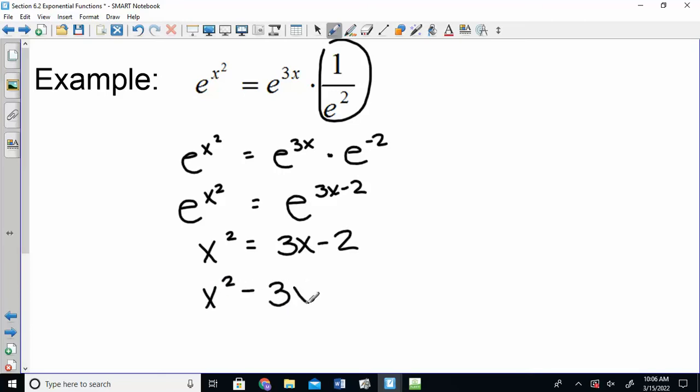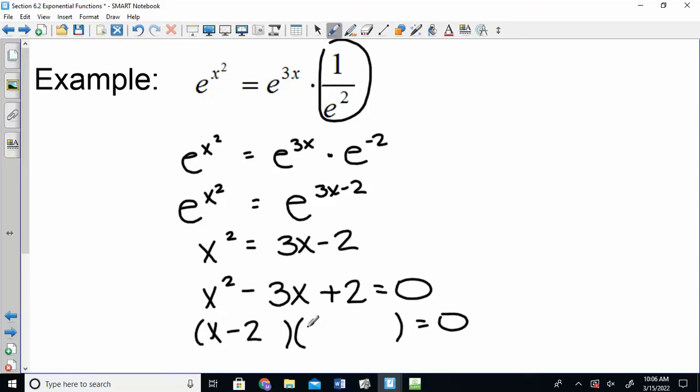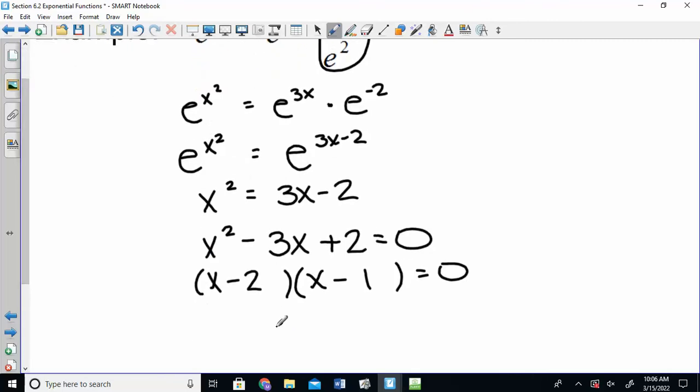We always set quadratics equal to 0. So what would this factor into? 2, 1.